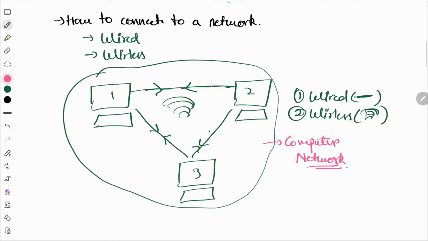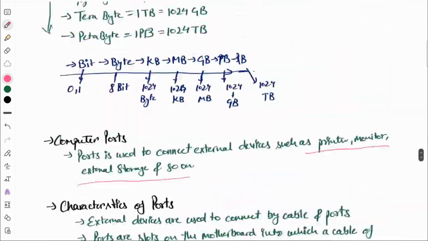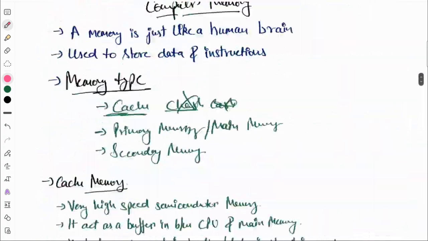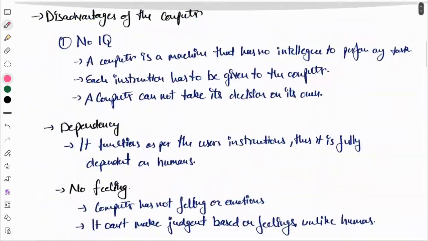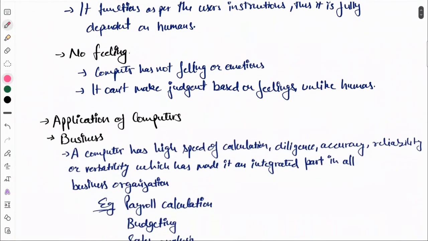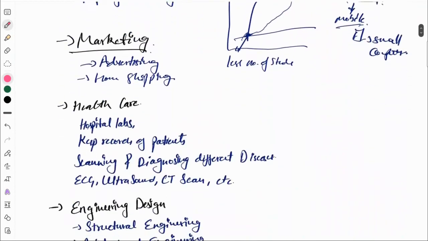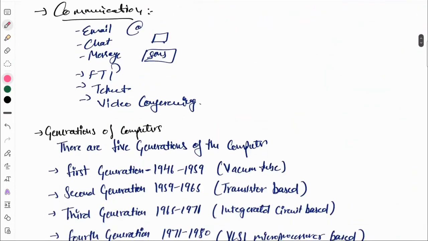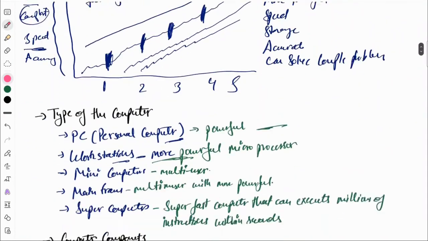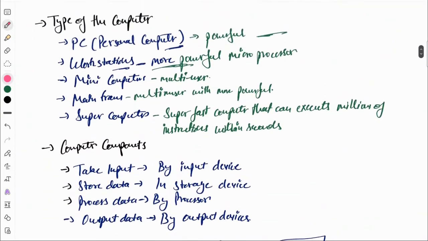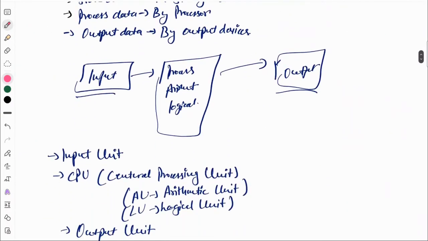So we have completed the computer fundamental course here. We covered everything from the beginning, like disadvantage, advantage, what is computer, application of computer, then generations of computer, types of computer.